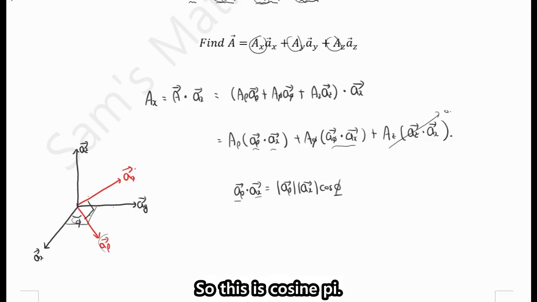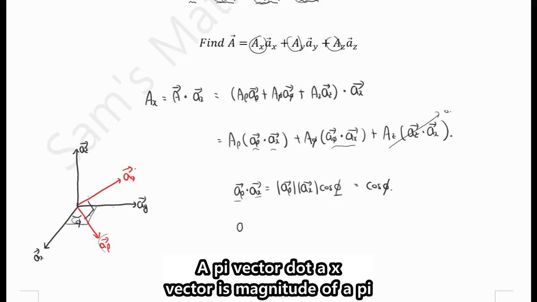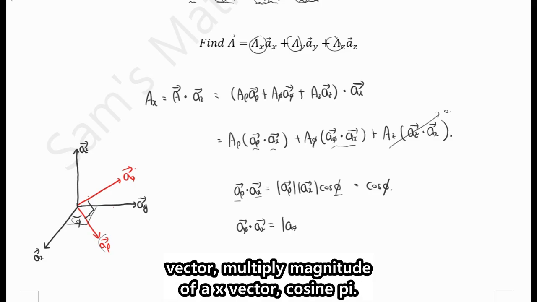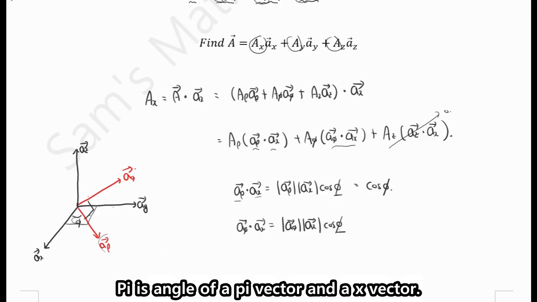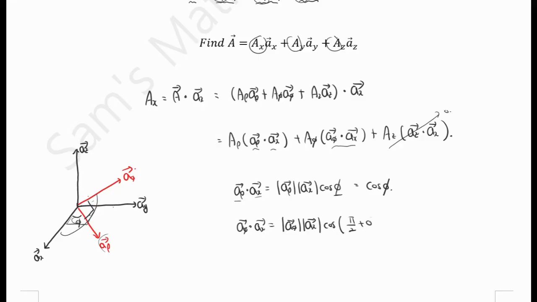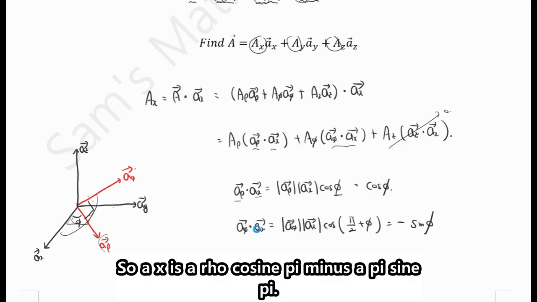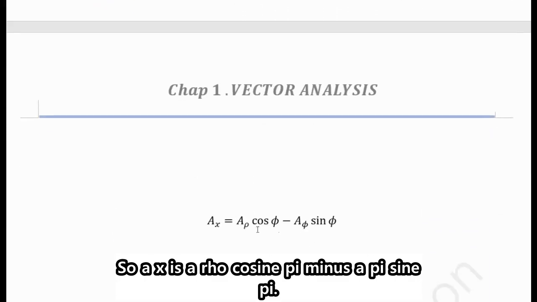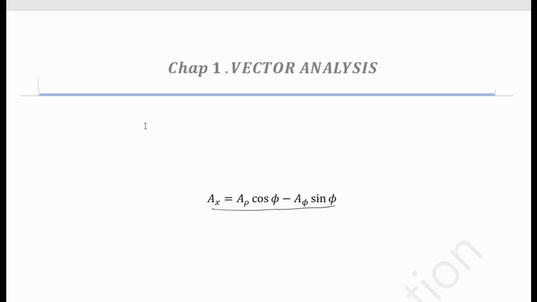Aφ vector dot ax vector is the magnitude of Aφ vector multiply the magnitude of ax vector and cosine of the angle between them. The angle between Aφ vector and ax vector is pi over 2 plus φ. This is minus sine φ. So Ax is Aρ cosine φ minus Aφ sine φ.